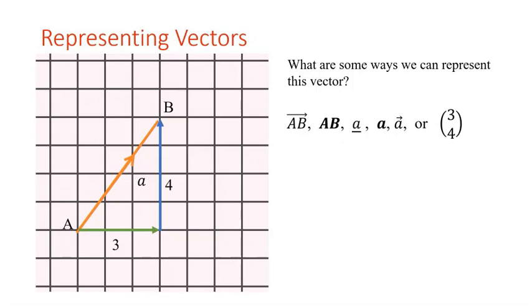You would have vector AB, the capital letters, being bold. You'll also have the common letter being bold, or it can be simply represented as a column vector. And you have more ways of representing vectors. The important idea is that you should know that you are working with a vector.